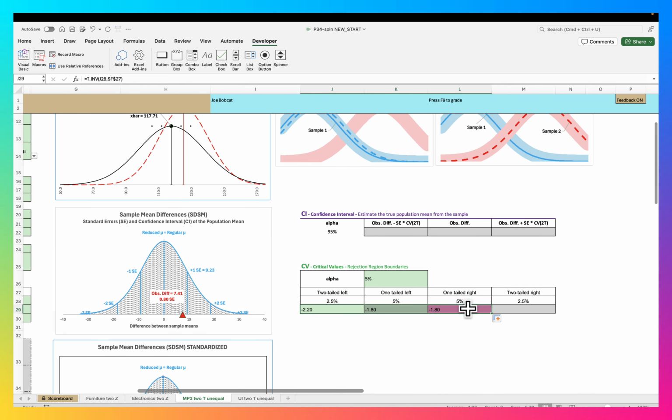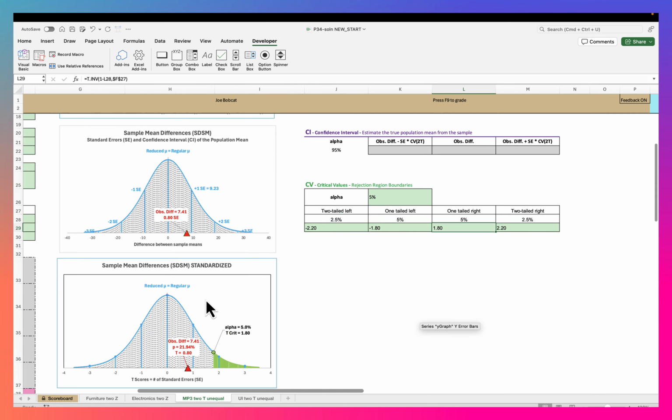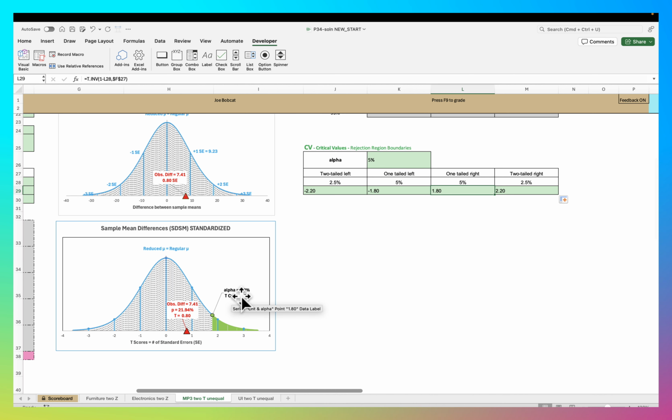And then remember, for this one, I do 1 minus the probability. This is the number we're going to work with because we are one-tailed right. You can see it right here, t critical 1.80, and we don't make it there. So that's why it's a fail to reject.